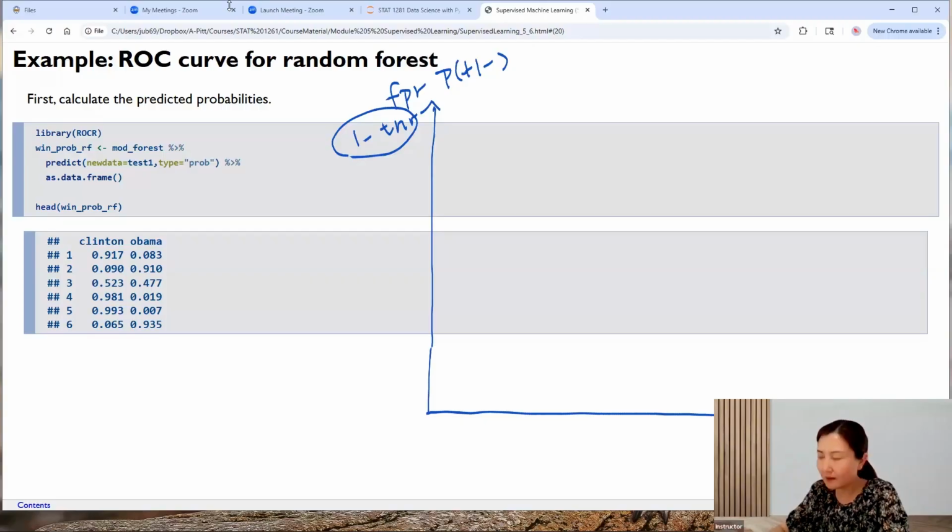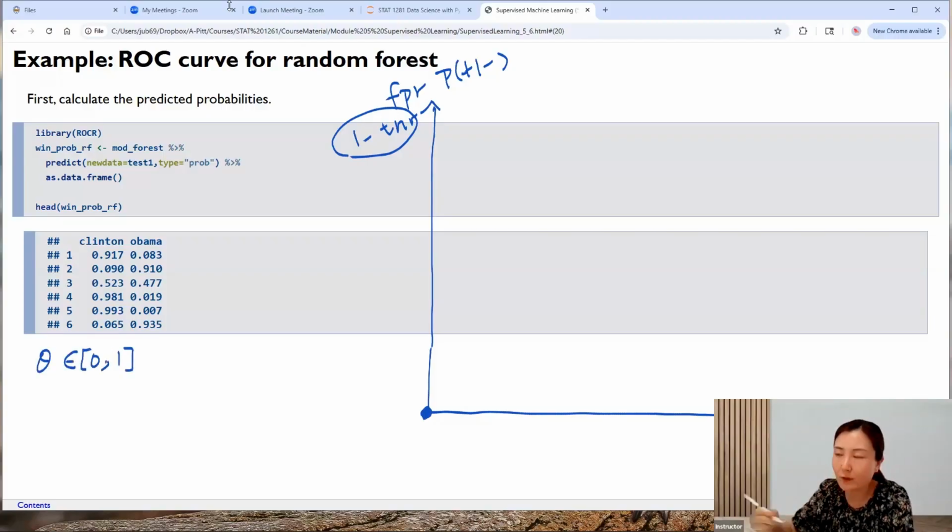All right. Now let's consider a few cases. Consider the threshold, let's call it theta. Theta is a threshold. It's between 0 and 1, right? Because it's a threshold for probability, so it must be between 0 and 1. Consider the theta equals 0 case.